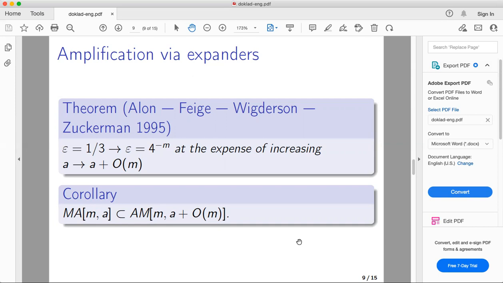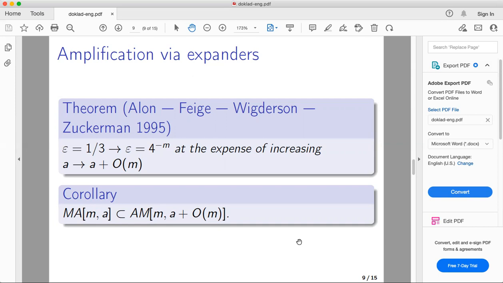And the amount of randomness is A plus m times the number of bits needed to specify a neighbor of each node. And this is constant because the degree of our expander is constant.